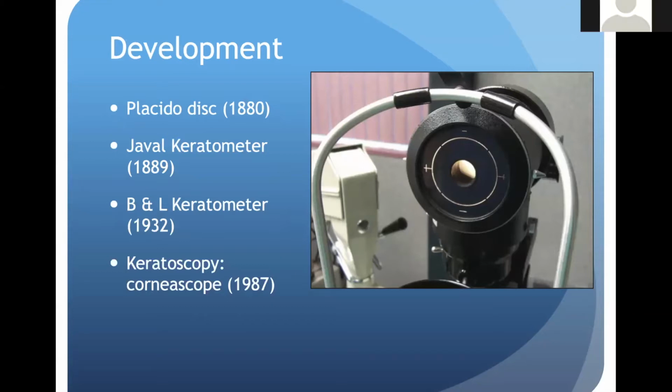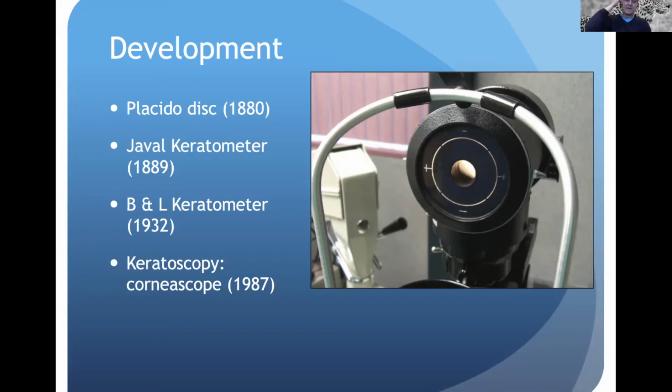But the concepts have actually been around for quite a while. The Placido disc, which can still be a useful instrument, was actually invented in the 19th century, and also the Javal keratometer, which we still have a version of in the clinic, is still a very accurate way of measuring the curvature of the cornea.